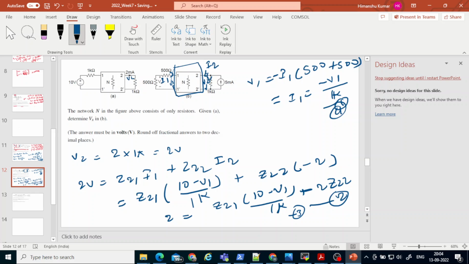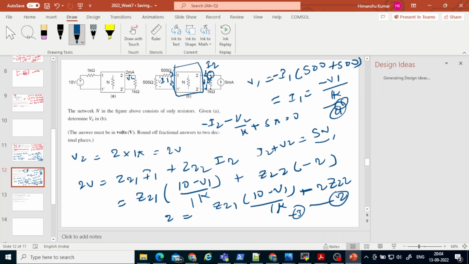If we apply KCL at this node, this will be minus I2 minus V2 by 1k plus 5 milliampere equals 0. So this will become I2 plus V2 by 1k equals 5 milliampere. Okay, so this is equation 5.